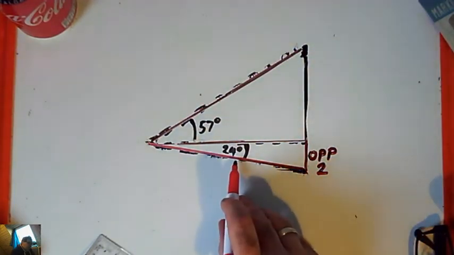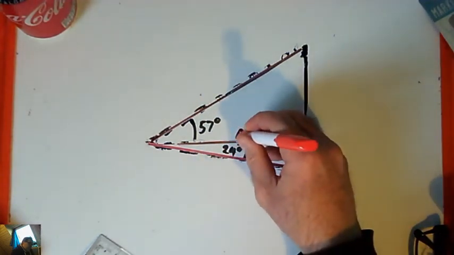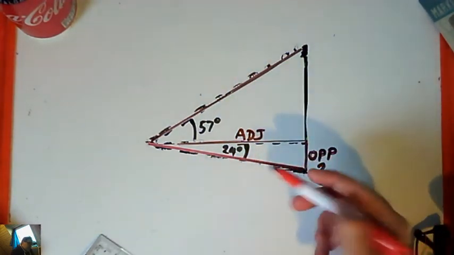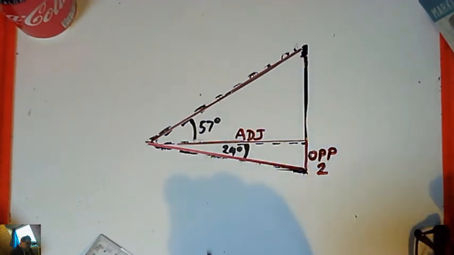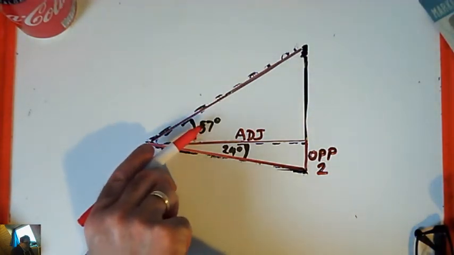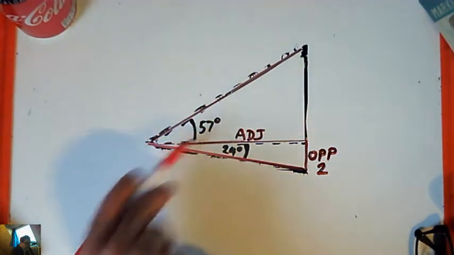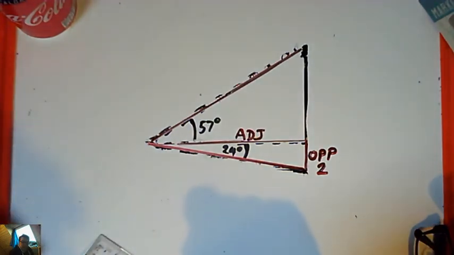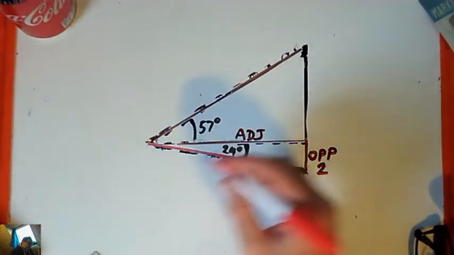So in relation to the 24 degrees, that's the adjacent side. And in fact, it also happens to be the adjacent side of the other triangle in relation to the 57 degrees. So that's going to make things a little bit less confusing ultimately.